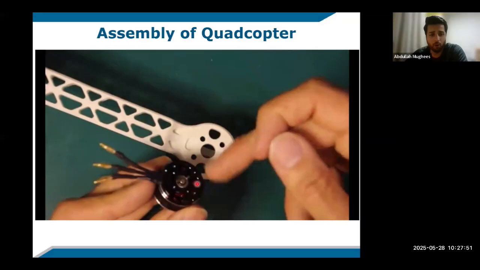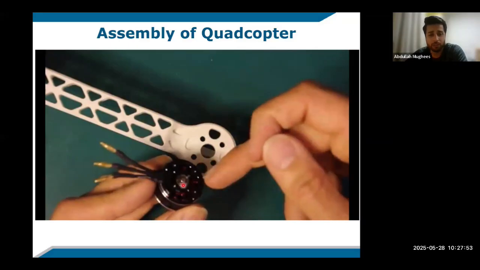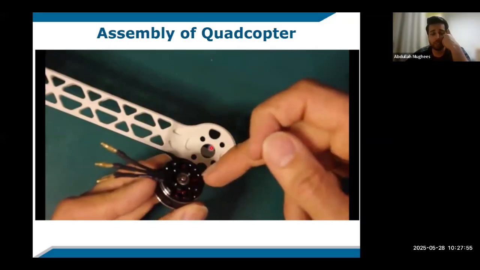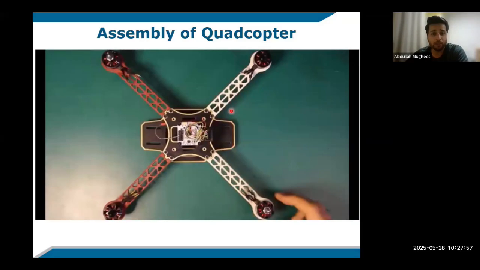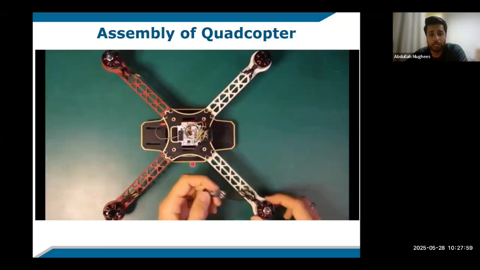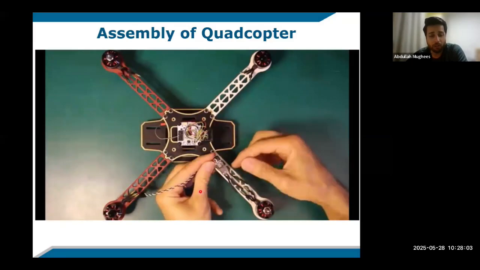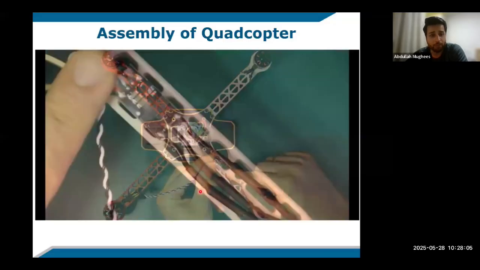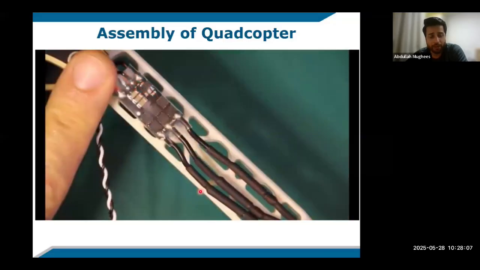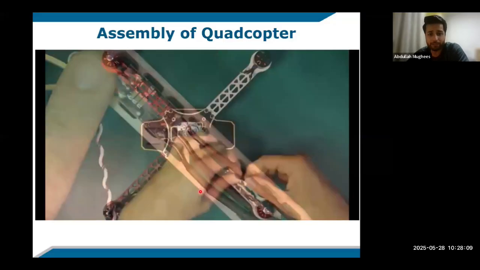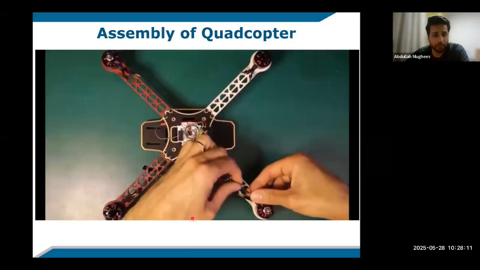There are small holes at the bottom of these motors, and you plug them onto this frame, and all motors are connected. You put the electronic speed controllers along with all these motors, and you just solder them together, connect them using some connectors. Okay, so I'll just maybe move this video a little faster.